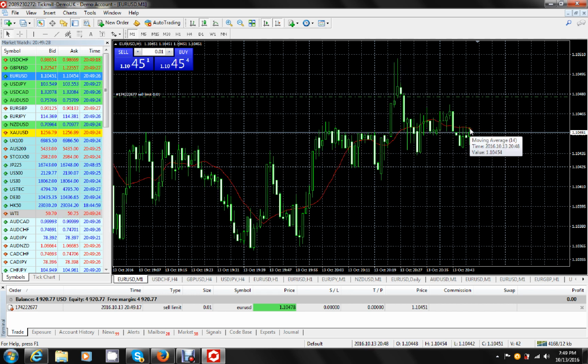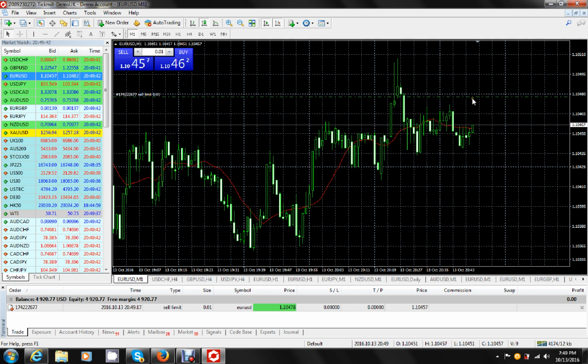Normally people use it when they assume that the graph will hit and then come down. So here is a sell limit. It's very different from a buy stop. Buy stop means that if the price goes up and hits your buy stop, you've triggered a buy. But with a sell limit, if it hits this one, it is gonna trigger a sell. And then the assumption or the analysis is that after hitting it, it's gonna go down. We don't normally use this in our strategies.